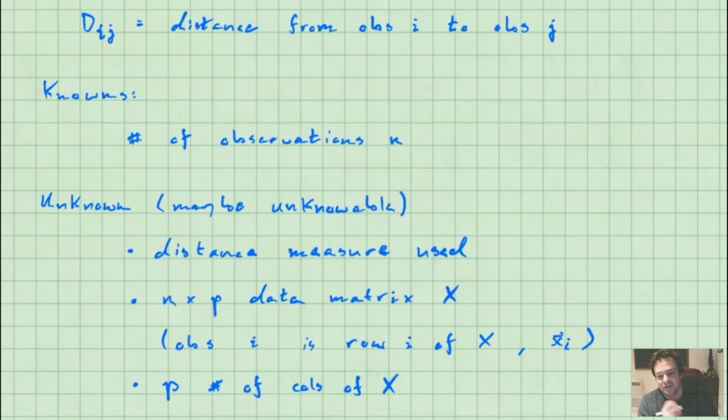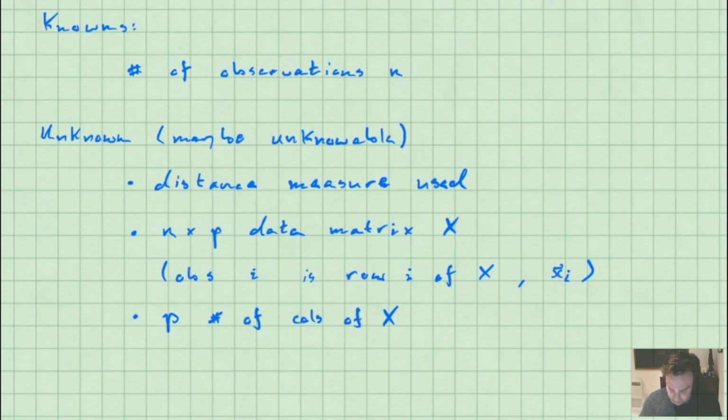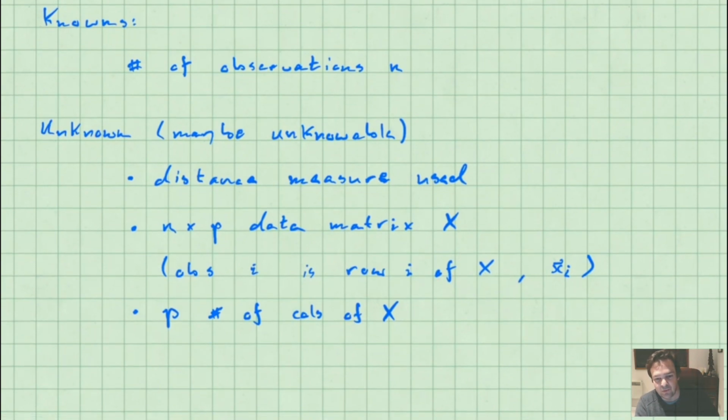And what multidimensional scaling is about is trying to understand what sort of data matrix could go along with this distance matrix, or what would be a good one. Is there some good one with a small number of variates, p, or do you need a large number? What is the story here? This is what multidimensional scaling is about.